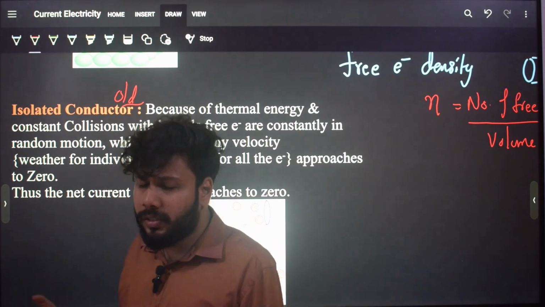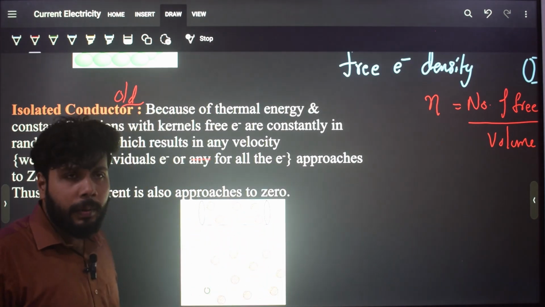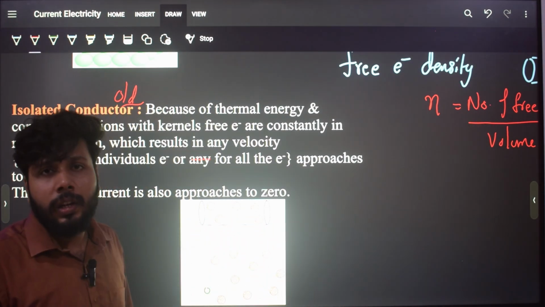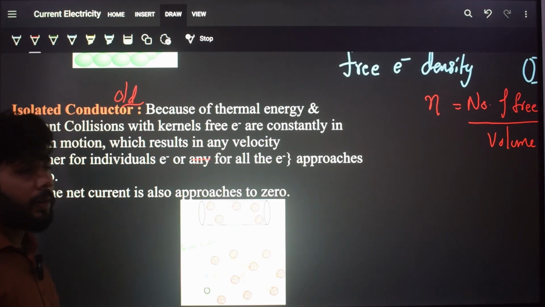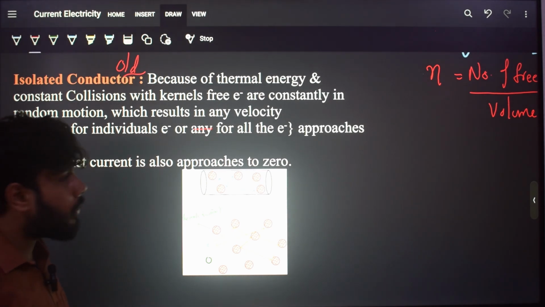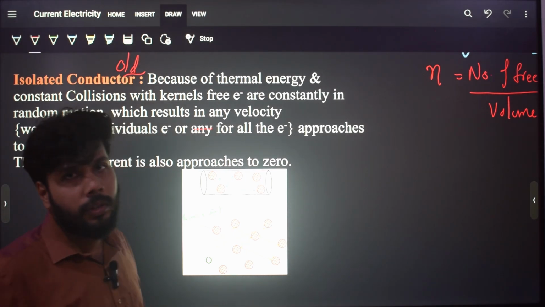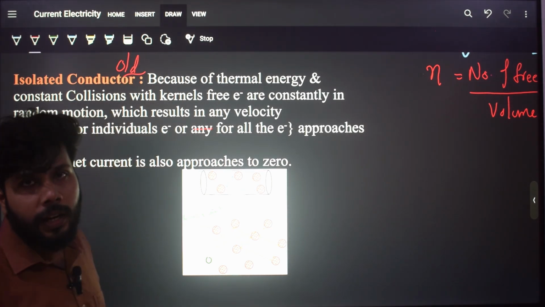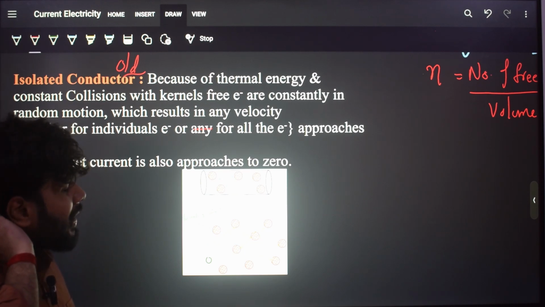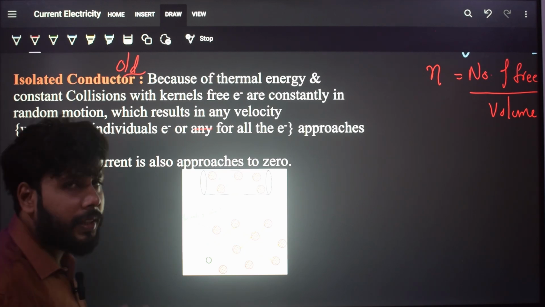But if you go for higher study, or maybe in an upcoming class, I will exactly tell you what the concept of current is. But for now you can rely on this old theory. It has some flaws, but it will not let you down in terms of numericals or getting answers, because so far in 12th class you will not study any updated theory.